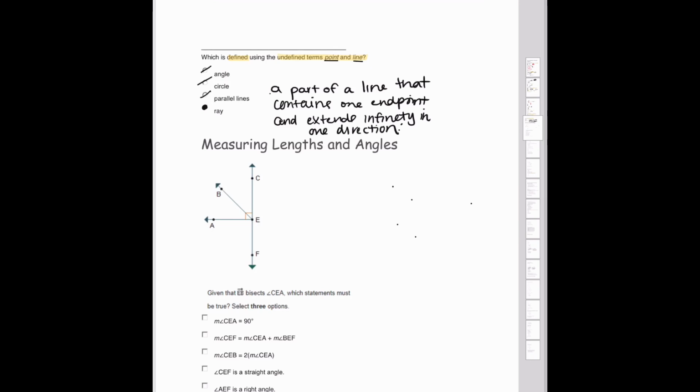This is the definition of a ray. In this definition, we do see the undefined term line, and we do see the undefined term point. Therefore, it's reasonable to conclude that ray is the defined term that uses the undefined terms point and line.